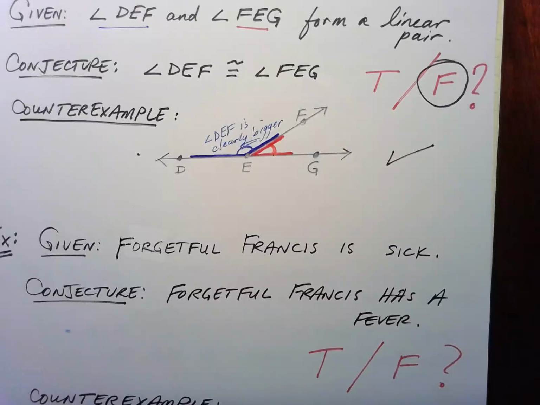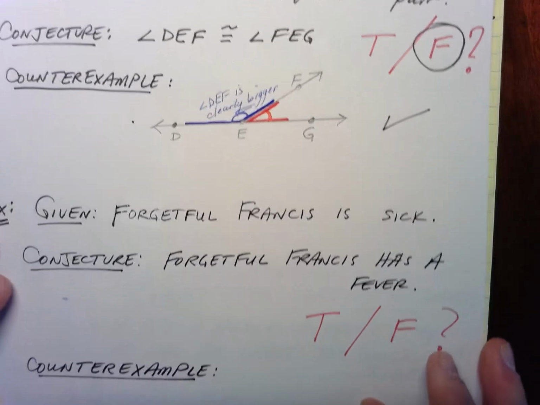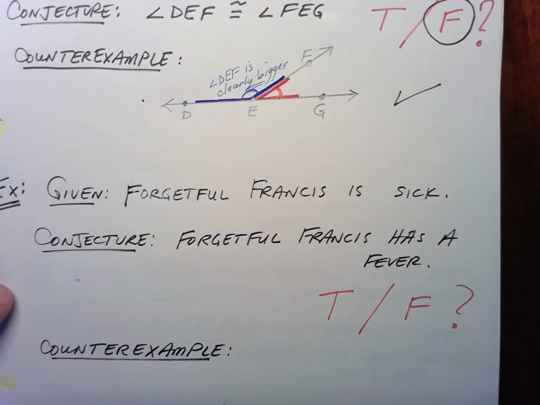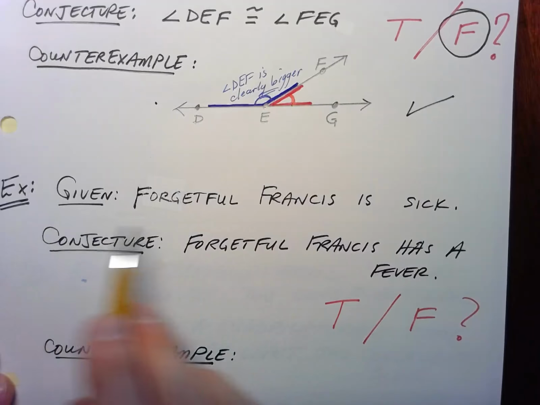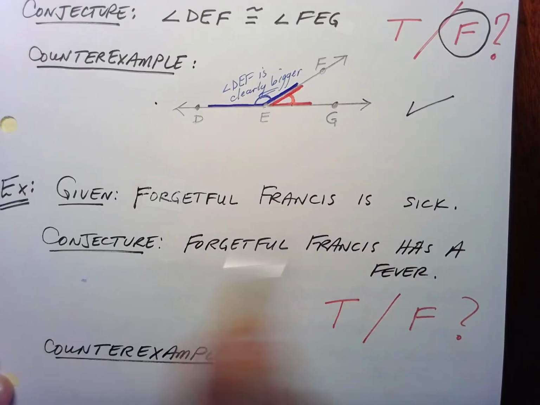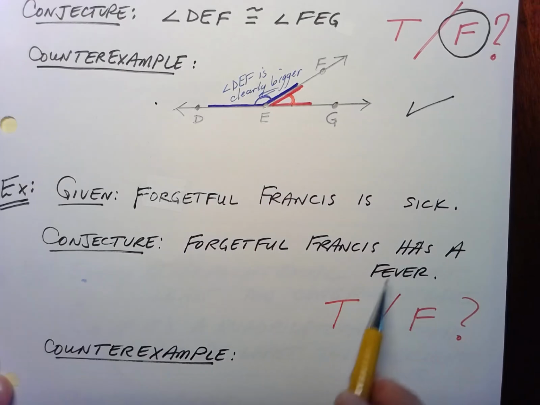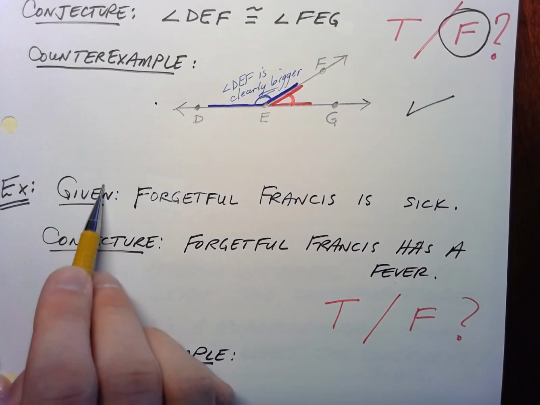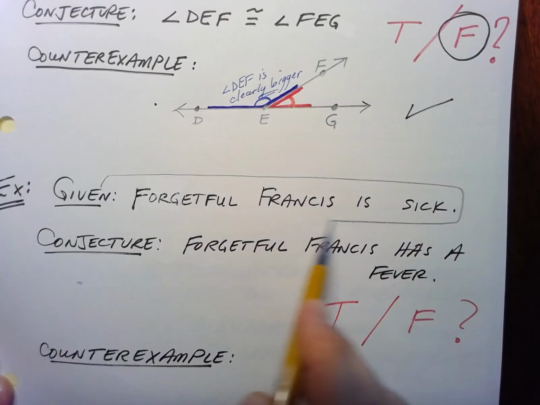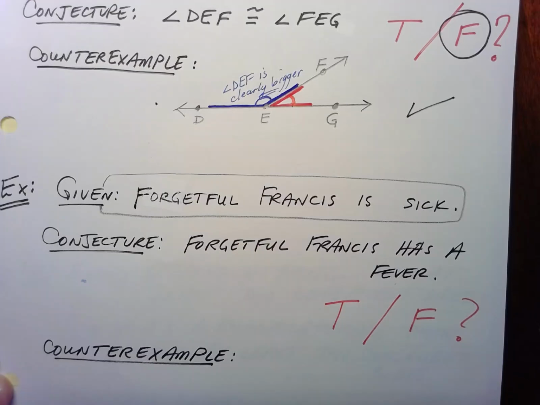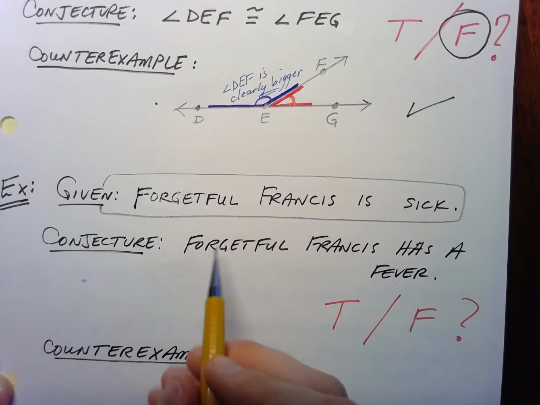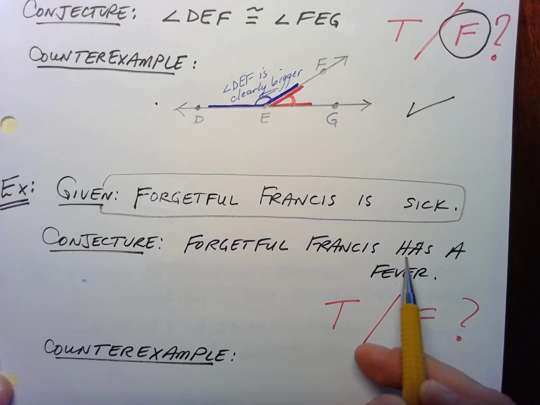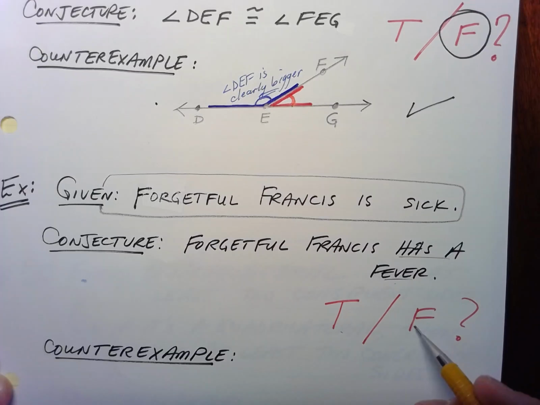This is a shout out to my students last year, so maybe you can ask one of your friends to tell you about Forgetful Francis. Given that Forgetful Francis is sick, the conjecture is that Forgetful Francis has a fever. Notice this is what we are given. This is the only thing we know for sure. Forgetful Francis is sick. So then we assume, well then Forgetful Francis must have a fever. Is this true or false? Well, what about a counterexample?